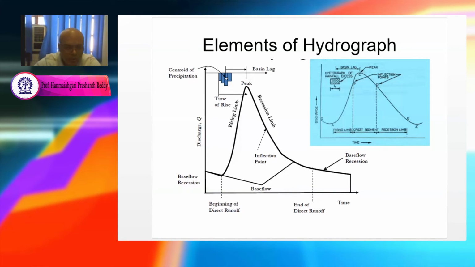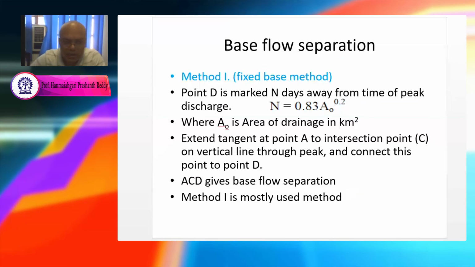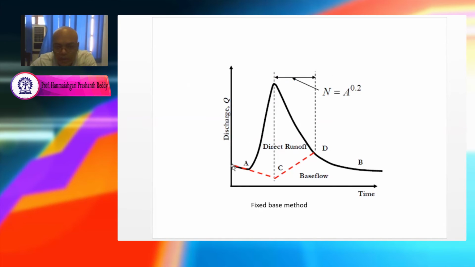So let's go to the base flow separation. Let's start with the fixed base method. In the fixed base method, you can see the flood hydrograph where A is the point at which the rainfall started. Then this is the peak.